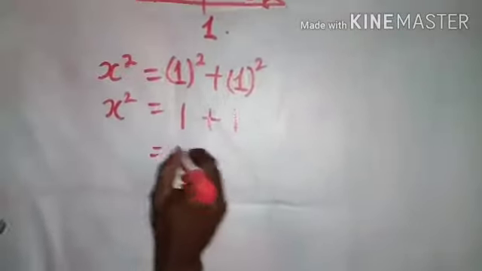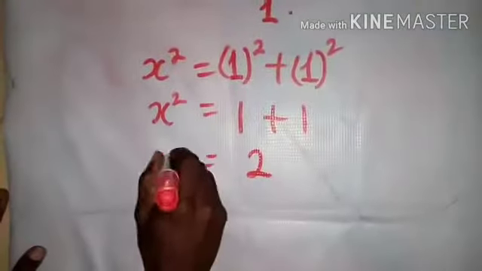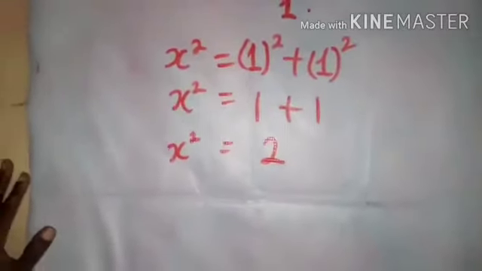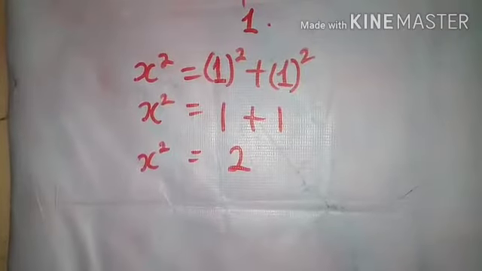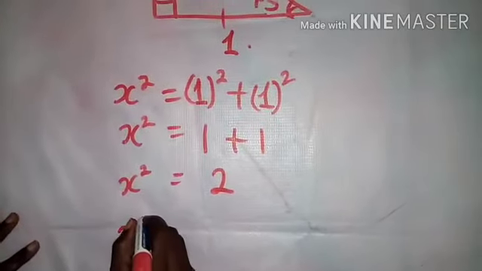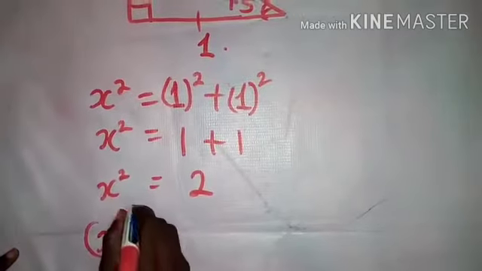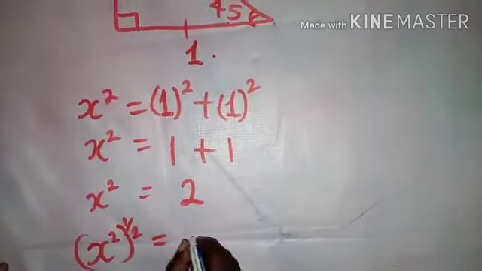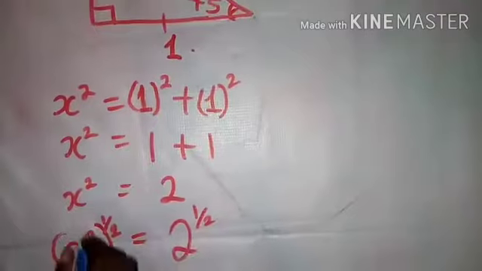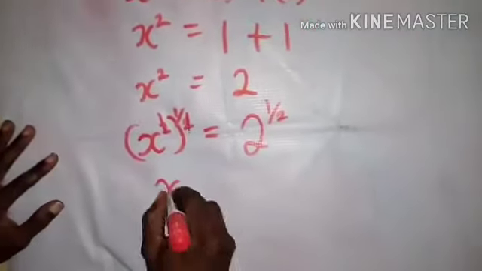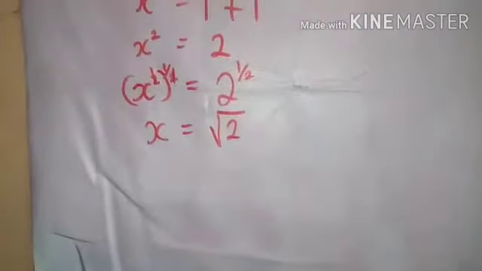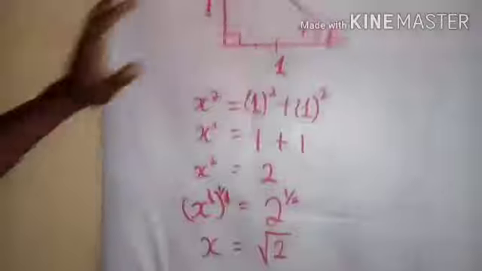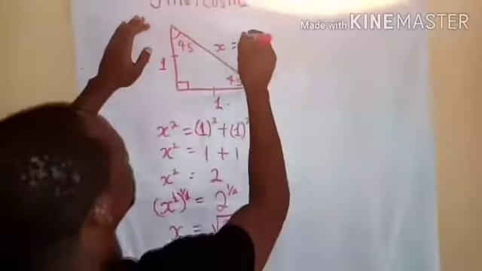And 1 plus 1 is 2. We're looking for x, so we're going to root both sides. When I say root both sides, that means we're giving them the power of half. That's what it means to square root them. So if we give a power of half, x equals square root of 2.